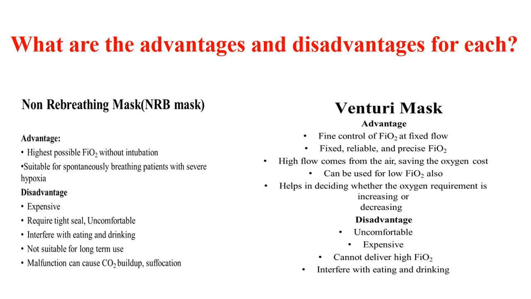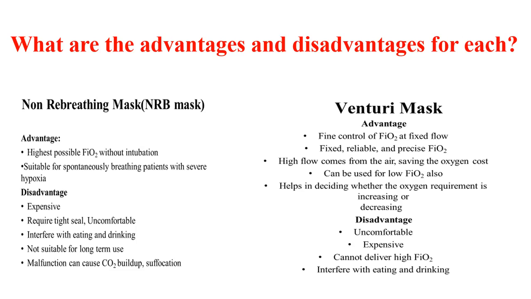For the Venturi, it's fine for the control of FiO2 because its FiO2 is regulated by the tubing, and it can go from 21 to 100. It's fixed and reliable, and it gives the desired FiO2 you want. It gives a good flow, but that's the advantage.